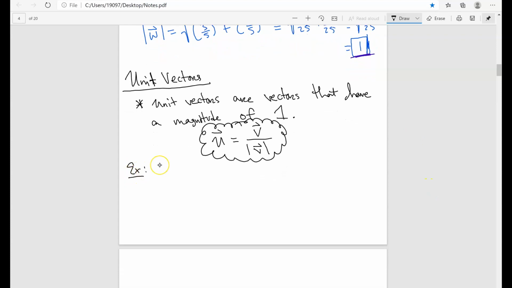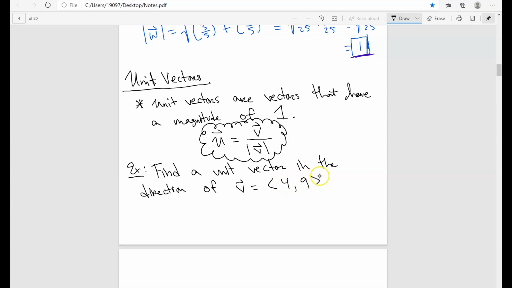So let's say we wanted to find a unit vector in the direction of v equal to 4, 9.